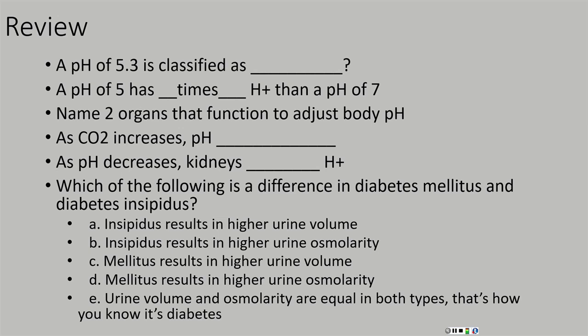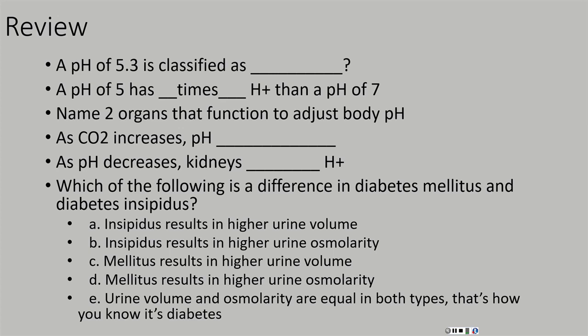Well, remember from back when we were talking respiratory, each time we go down one whole number, it's times 10. Well, we've gone down two whole numbers from 7 to 6 and from 6 to 5. So 10 times 10 is 100. pH 5 has 100 times more H plus than pH 7.